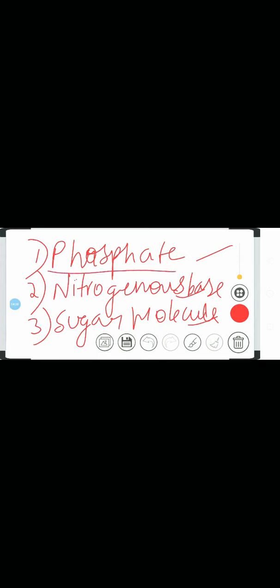The phosphate, you know, is an element, and there is one sugar molecule, and there are four nitrogenous bases. The four nitrogenous bases are adenine, thymine, guanine, and cytosine.